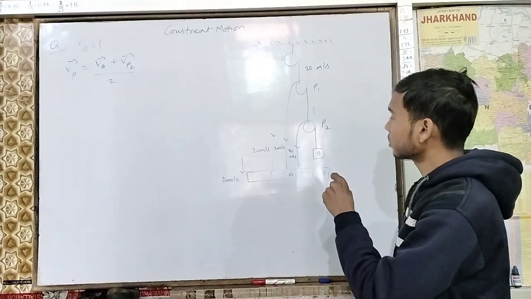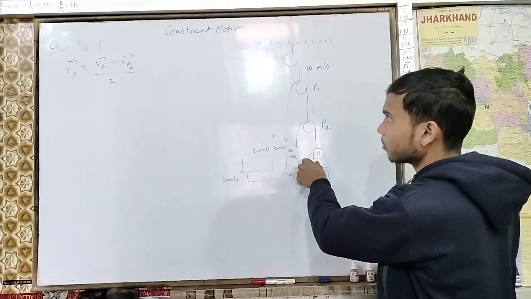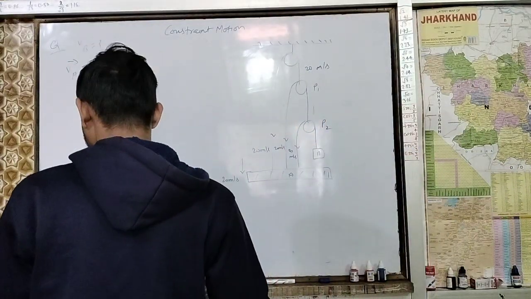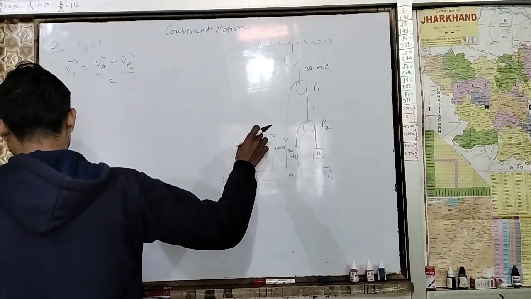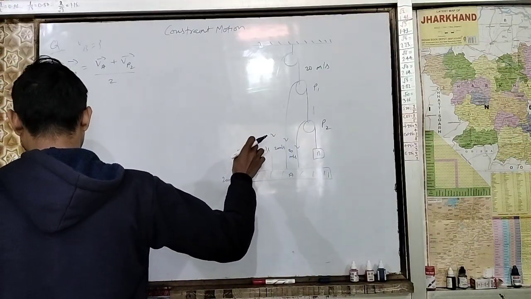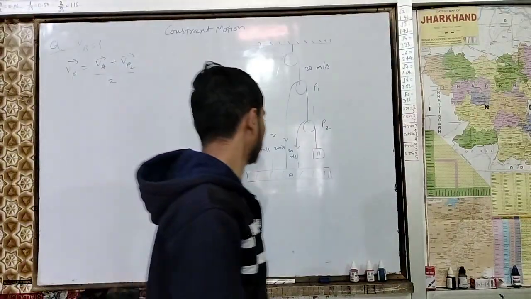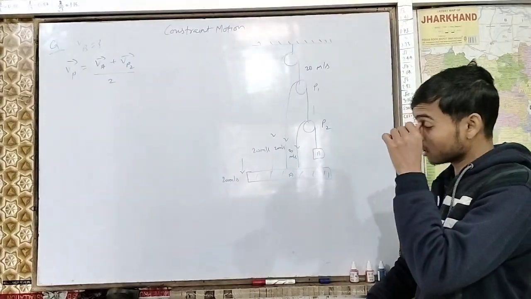Velocity of A is minus 20, direction is downward.